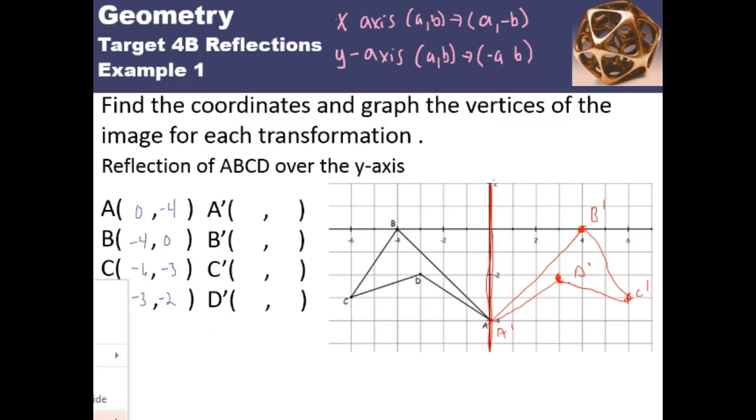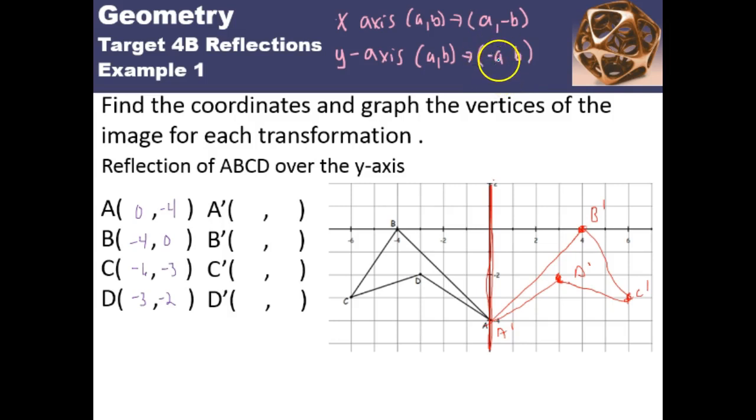So let me get another color out. Okay. So if I'm reflecting over the y-axis, it looks like the point (A, B) gets mapped to this new point (-A, B).